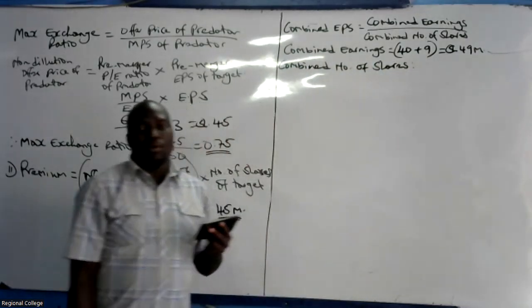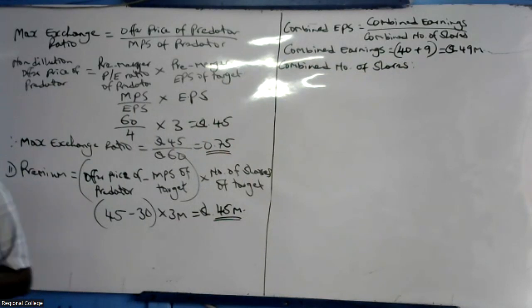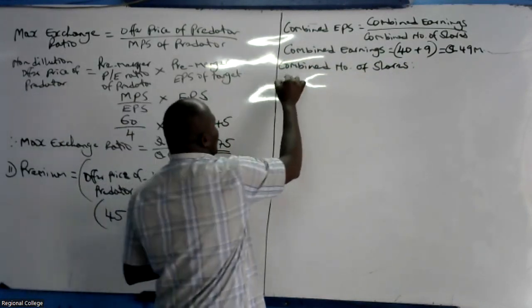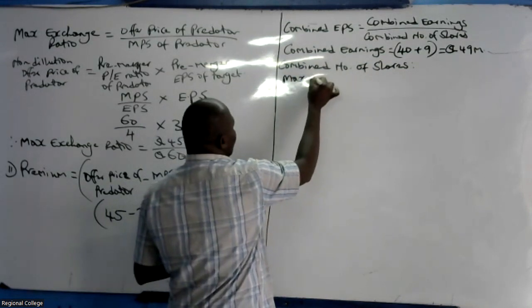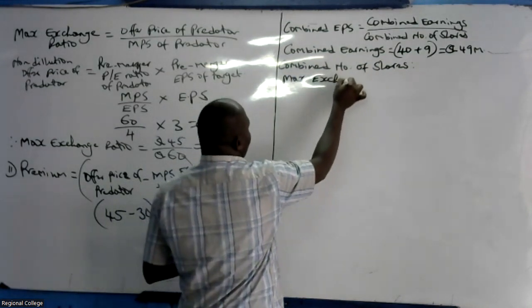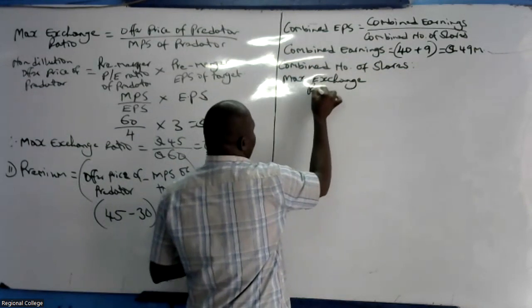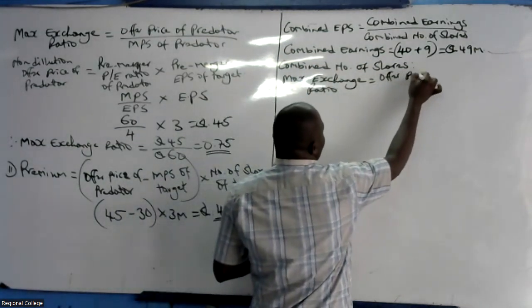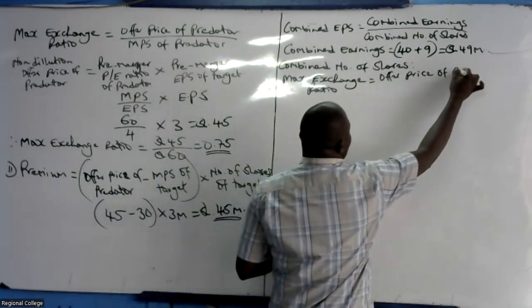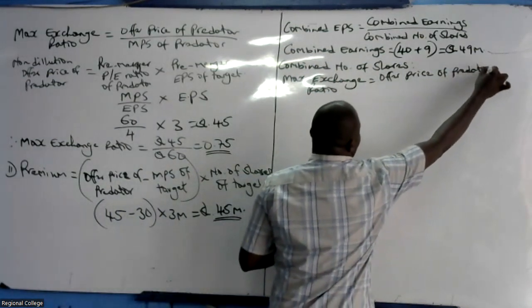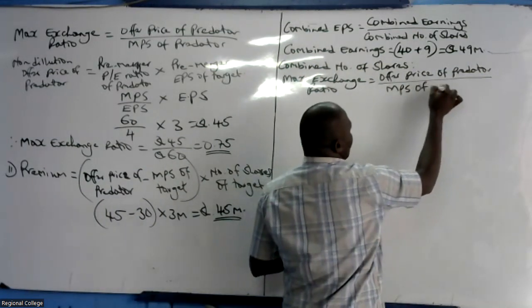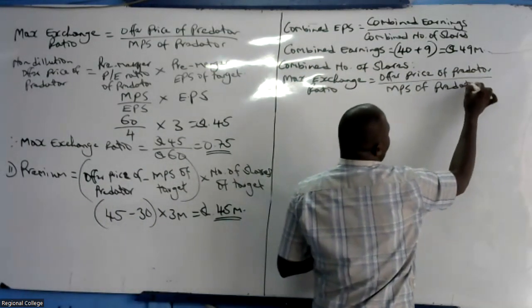To get there, we want the exchange ratio. So what is our maximum exchange ratio? Offer price of predator divided by what? The NPS of predator.